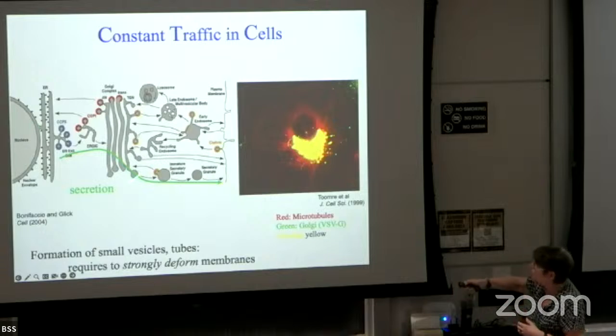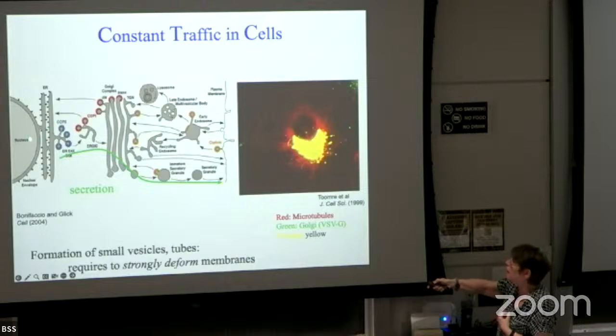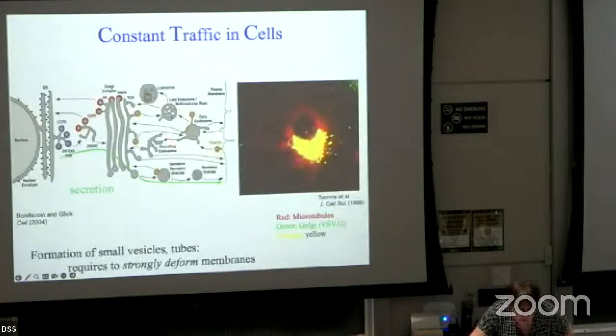Then this apparatus, called the Golgi apparatus, which is kind of the sorting element of the cell, where proteins are usually produced and integrated in the membrane at this compartment, which is the endoplasmic reticulum, and they are transformed here at the Golgi. To be transported from here to here, there are these small vesicles that you could see before, and you can maybe see here, no?